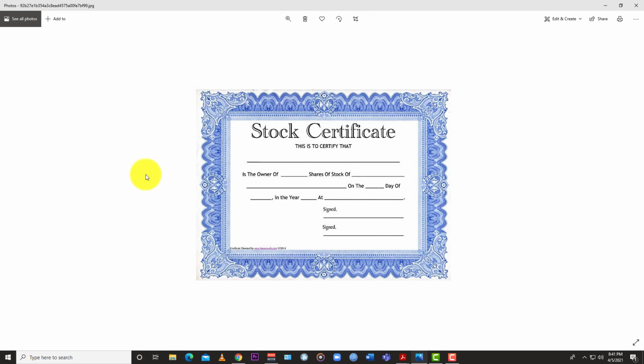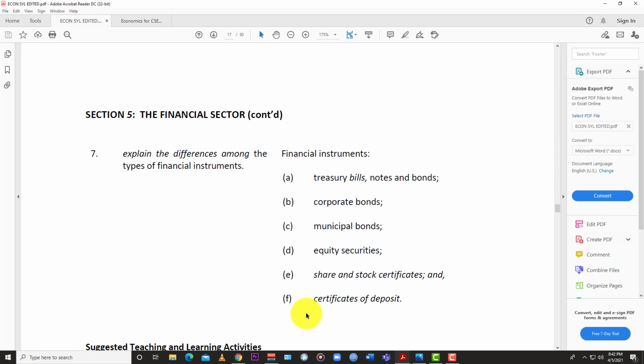So it's a certificate showing the amount of shares or stocks that you own, when they were purchased, things like that. Also, you have the certificate of deposit. Now what this is, when you are at a bank and you deposit your money in a fixed deposit for a certain period of time, the bank gives you a certain amount of interest on that.